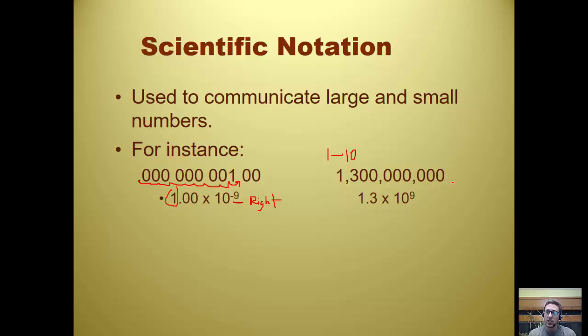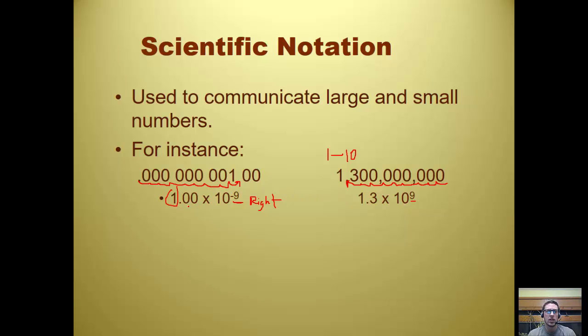But if we're moving the opposite direction, where we're going in the bigger directions, we're going from hundreds to thousands to millions to billion, then this is going to be a bigger number. So let's count 1, 2, 3, 4, 5, 6, 7, 8, 9. Exactly. So it is 1.3 times 10 to the 9th.